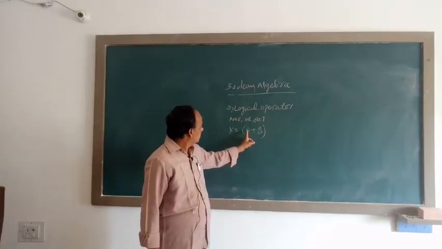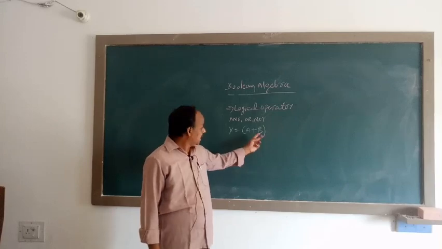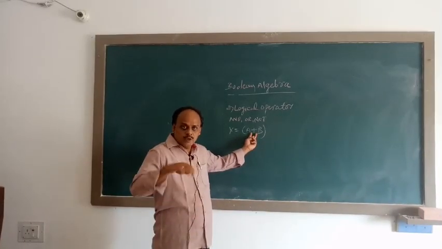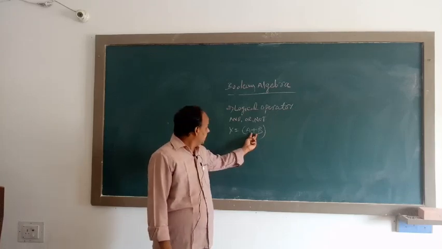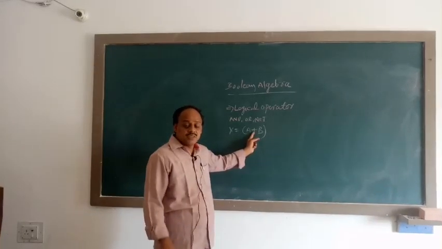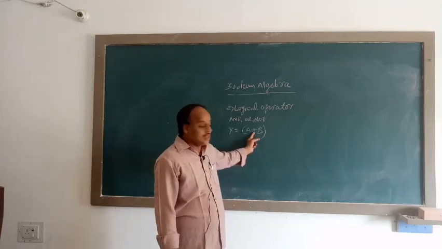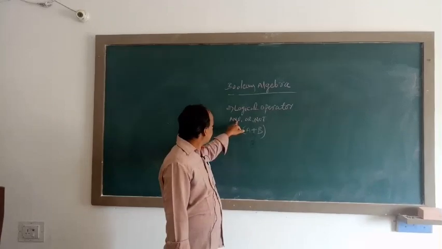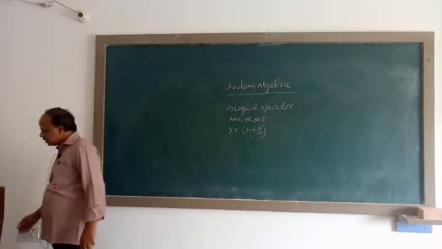See here, a and b are nothing but Boolean variables. When these Boolean variables are going to perform logical operations, it needs one operator. Operators which are needed to perform logical operations are called logical operators. We can say AND, OR, NOT are called logical operators.